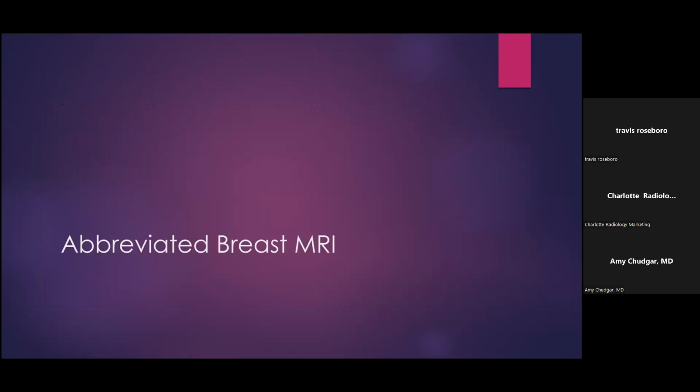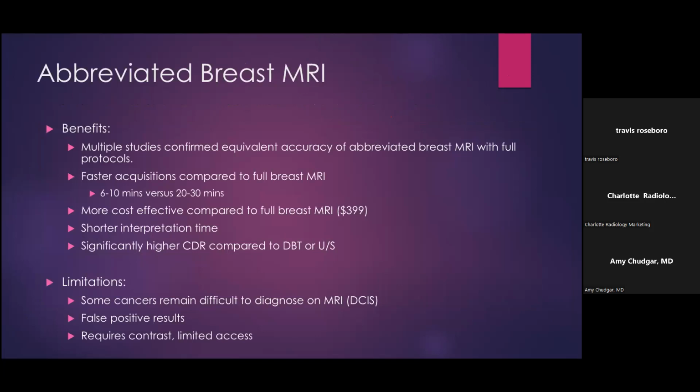So now we'll talk about abbreviated breast MRI. So abbreviated breast MRI is basically performing a breast MRI, but it's much shorter than doing a full MRI. Multiple studies have confirmed the equivalent accuracy of an abbreviated MRI versus the full protocol.